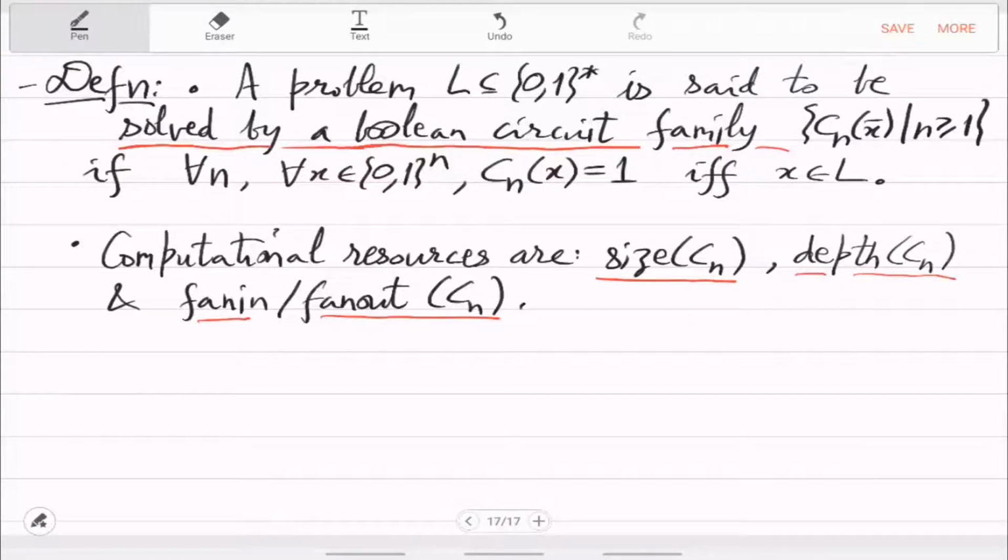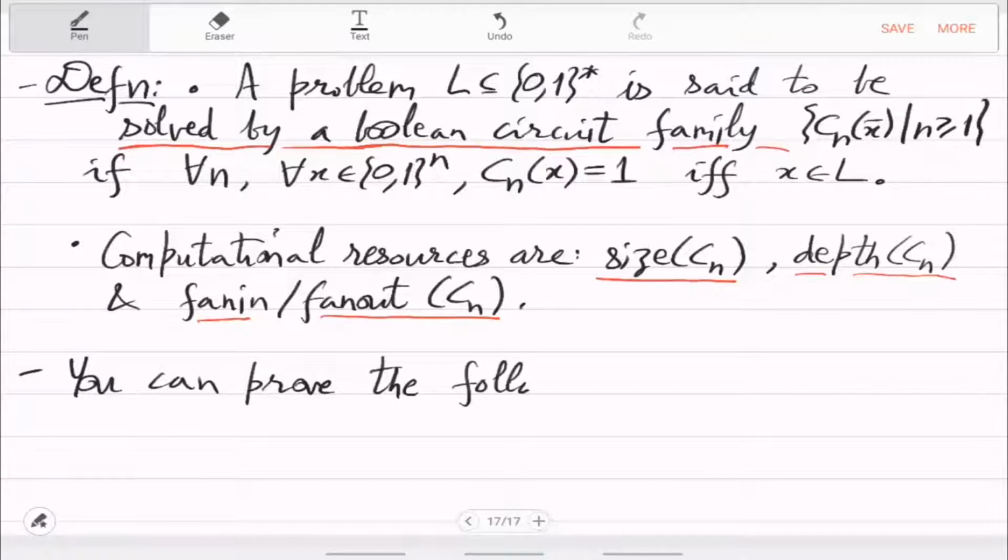but let me say something about the relationship between this Boolean circuit computational model vis-a-vis the Turing machine model. What is the difference and what is the similarity? You can prove the following simple properties. Do this as an exercise.